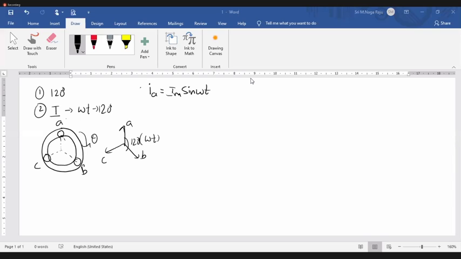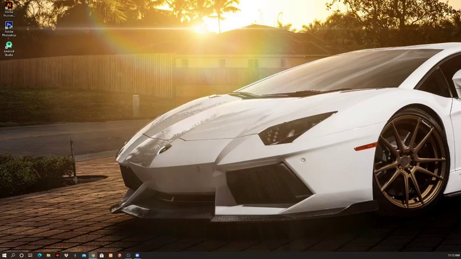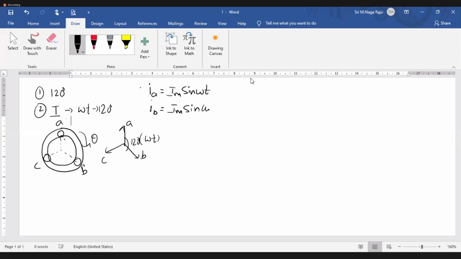See, IA is I maximum sin omega t. This is the reference. And now IB equal to I maximum sin omega t minus 120. We have seen here in this diagram. So now IC would be I maximum sin. Okay.